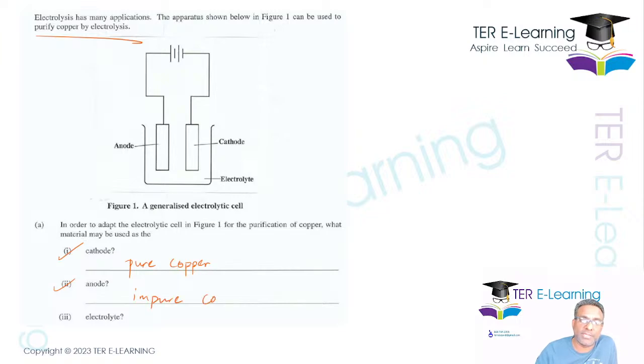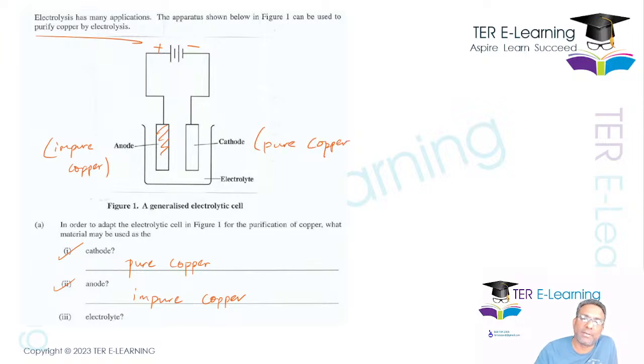This is electrolytic purification of copper. So this is your positive terminal here, and there's a negative terminal. This here is your impure copper, and this here is your pure copper on this side, a thin sheet of pure copper.